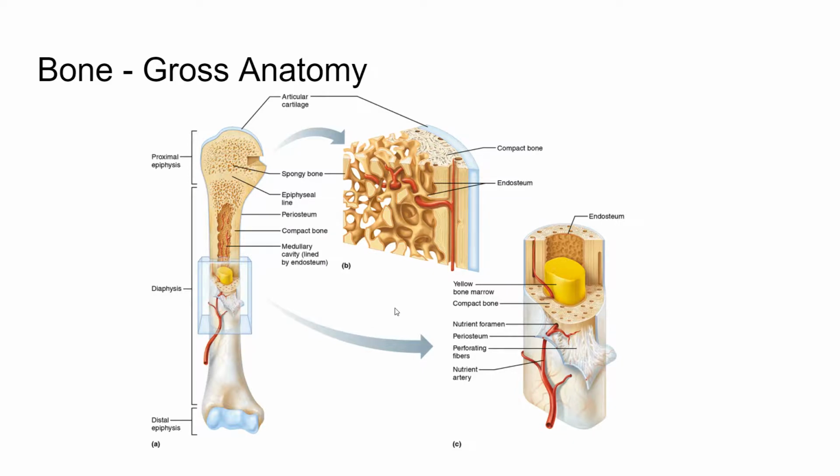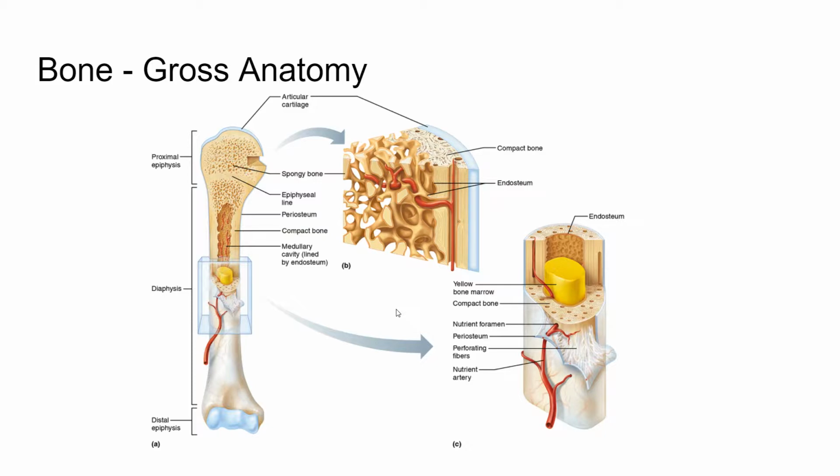I don't have a good picture of red marrow here. Sometimes you will see it called hematopoietic tissue, which, for our purposes, we're not worried about. That hematopoietic is just a red blood cell type of thing, because that red marrow is where blood cells are produced.